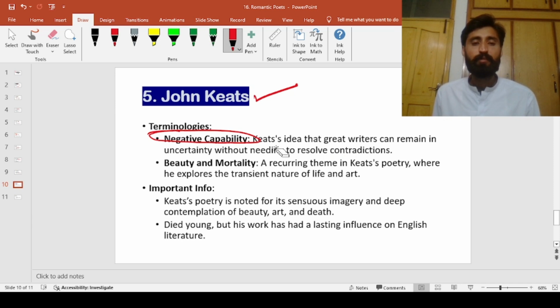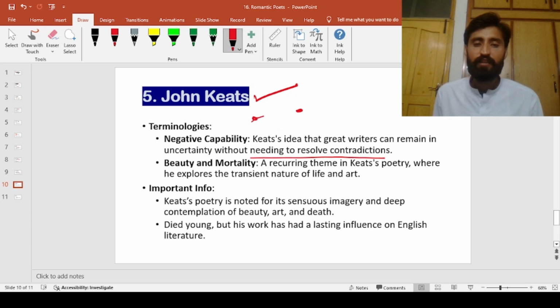Now, negative capability is a terminology we need to understand. Keats' idea that great writers can remain in uncertainty without needing to resolve contradictions means that if there are contradictory ideas, then great writers can remain in uncertainty without needing to resolve the contradiction.